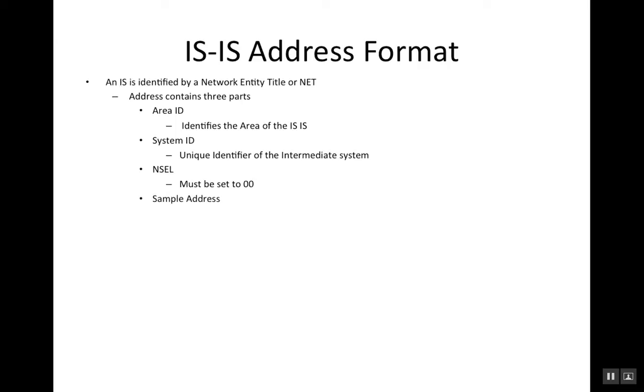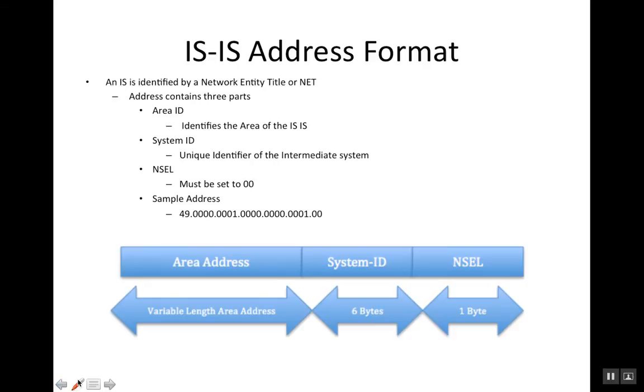A sample address of what a NET looks like: you have the three portions. The first half of the NET, as you can see, I'll grab my pen here, is your area address, which is a variable length area address, meaning that not all bits will be used, but this piece of the address represents the area ID.